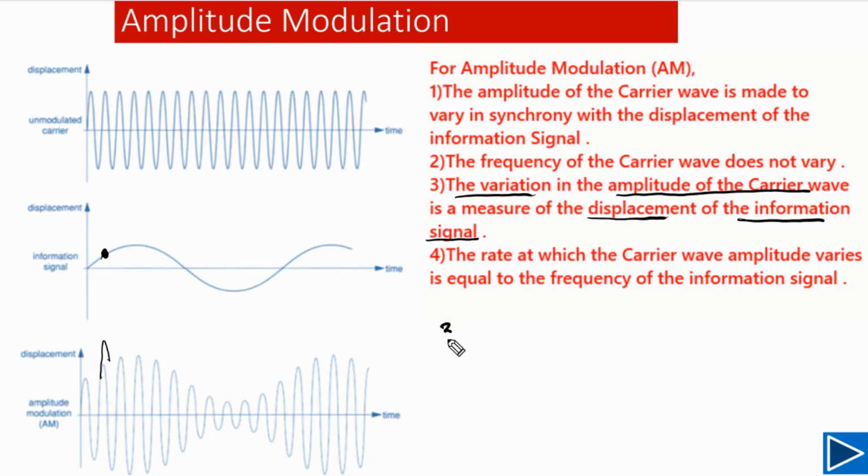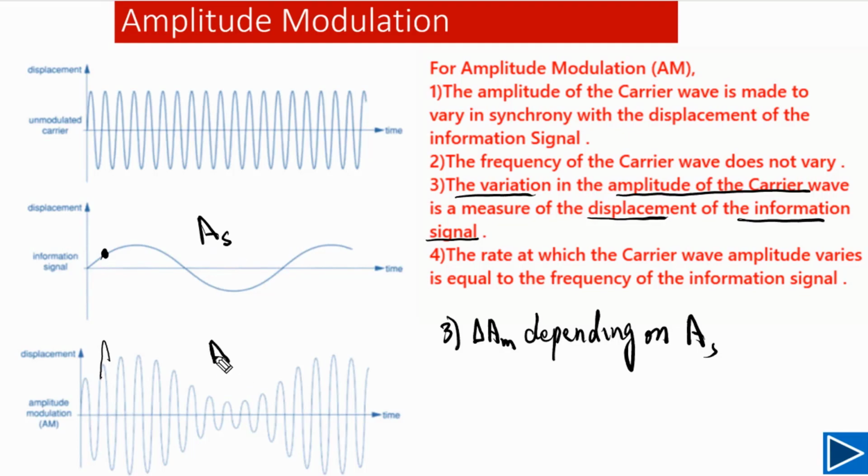So simply we can write down that the change in amplitude of modulated wave is depending on displacement of information signal, which is depending on AS. So this is amplitude of information signal and here is amplitude of modulated wave.